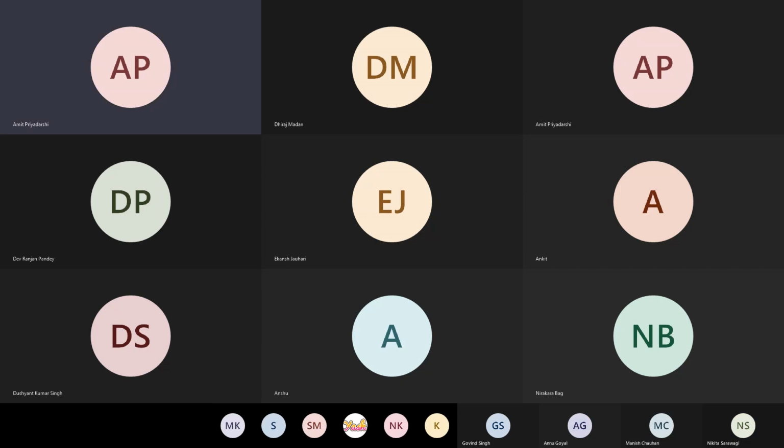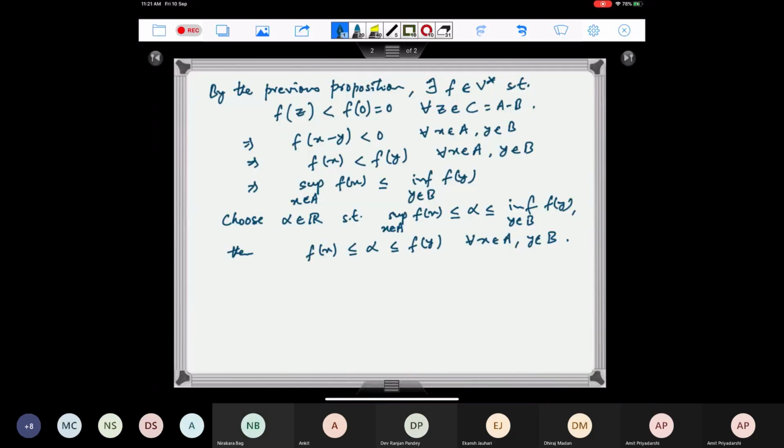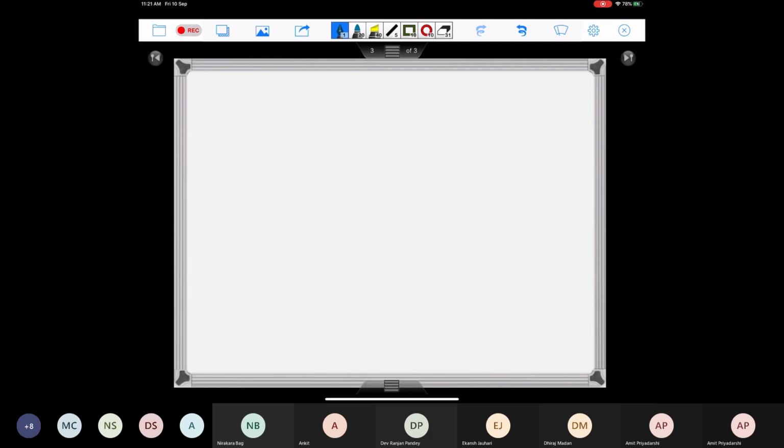Okay. So now let me prove the other theorem. This is also called the Hahn-Banach theorem. So here also we have two non-empty disjoint convex sets.